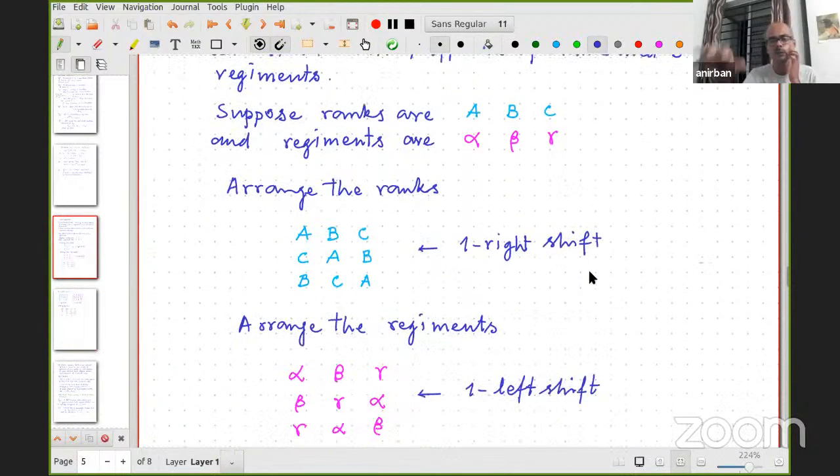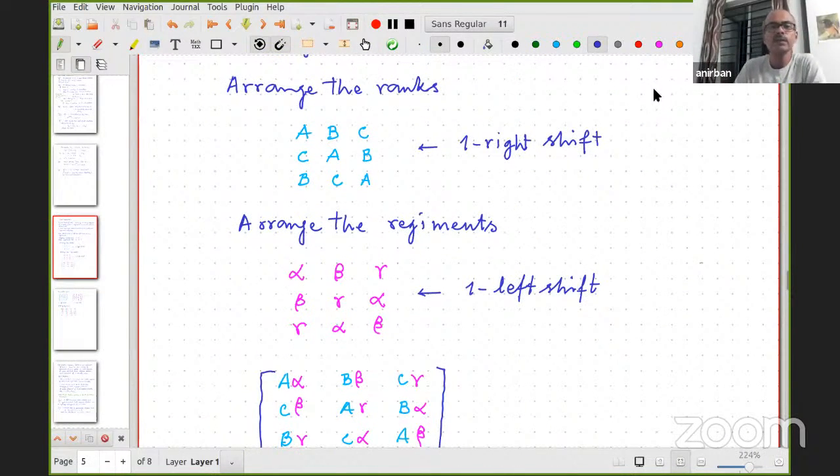Here A is my Z3, so this is the notation I'm using now: 0, 1, 2.